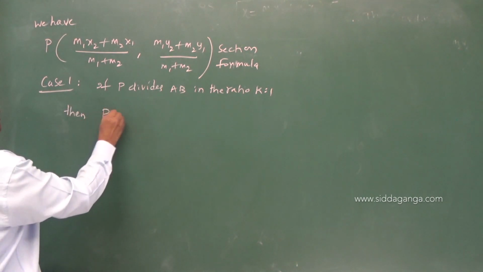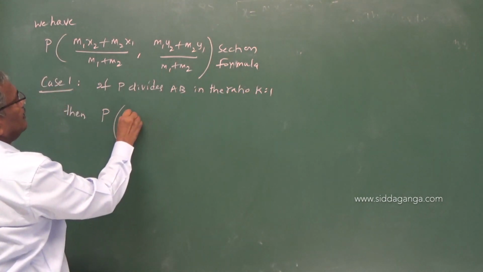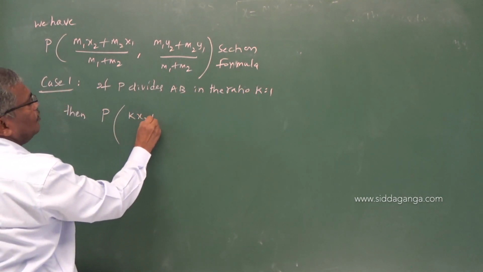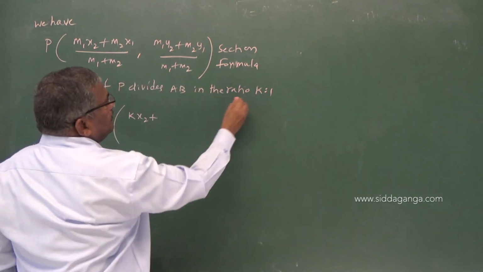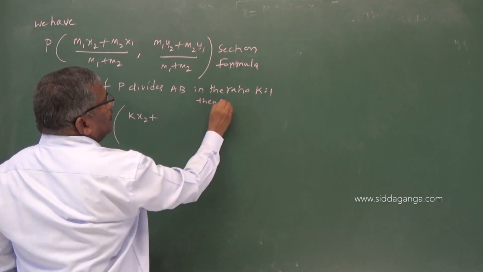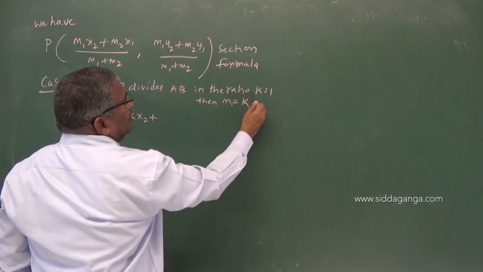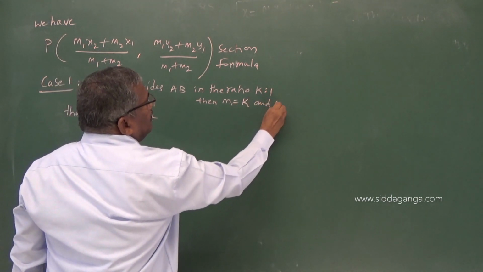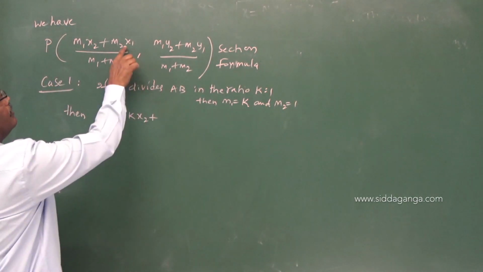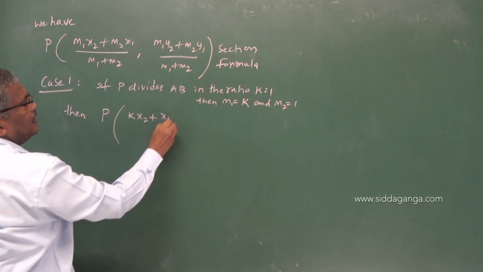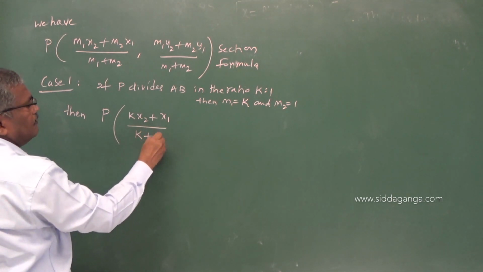Then M1 equals k and M2 equals 1. So the x coordinate becomes k x2 plus 1 into x1 divided by M1 plus M2, which is k plus 1.